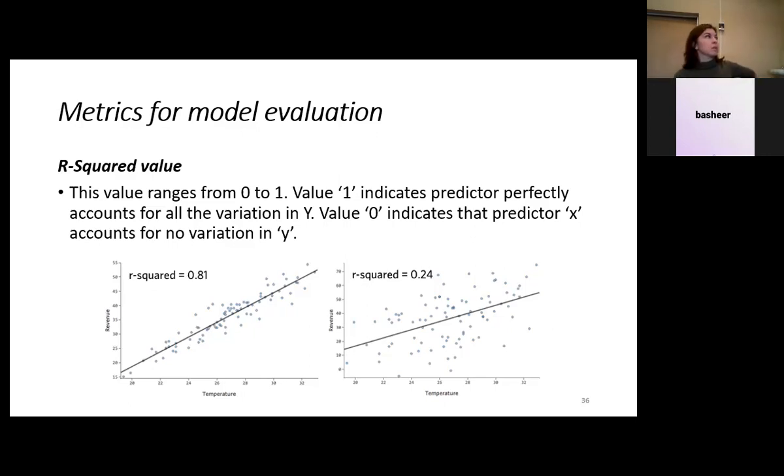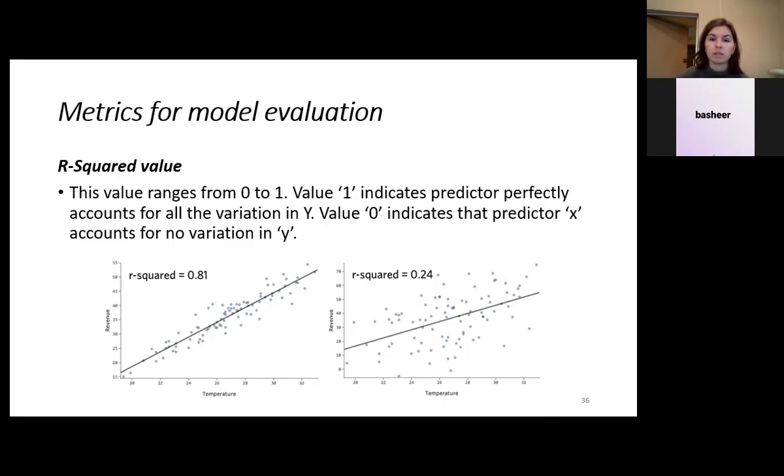There are several approaches. The main metric for the quality of the regression, for any regression, is the R-squared value. It's close to correlation actually. It also varies between 0 and 1 because it's squared.